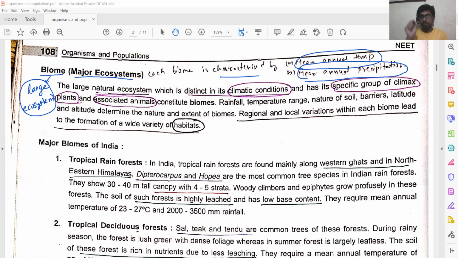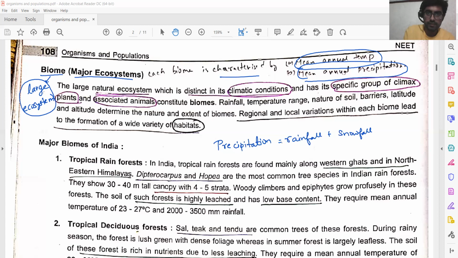Mind it, the term precipitation includes rainfall as well as snowfall. So mean annual precipitation means the average rainfall and snowfall in a particular area over the year. Annual means this average is calculated on a yearly basis.